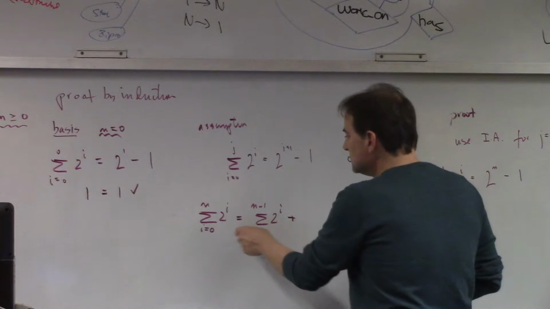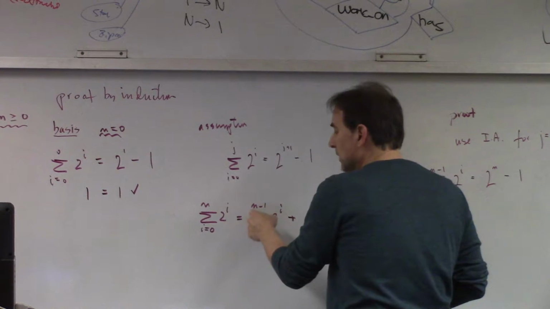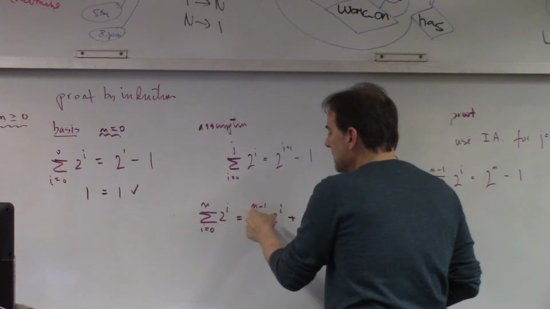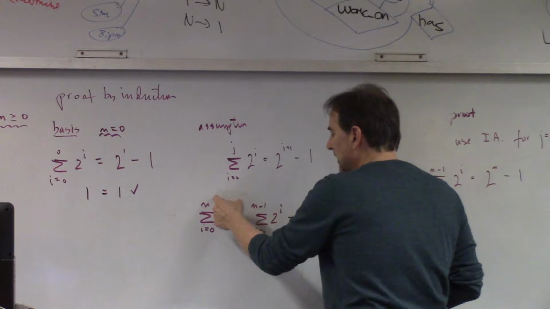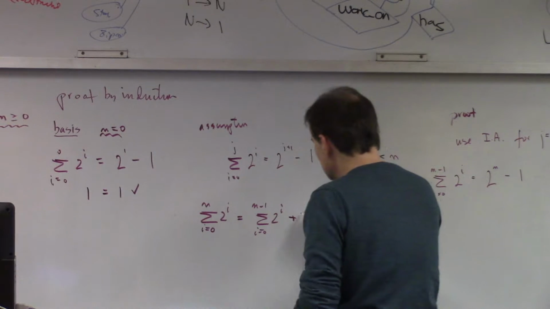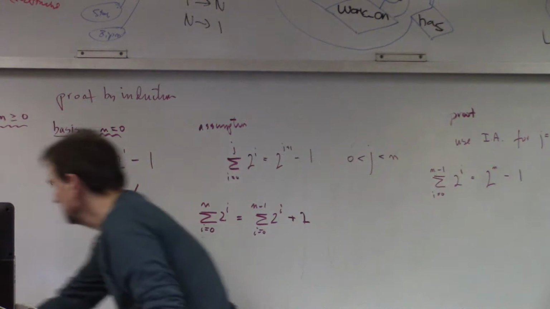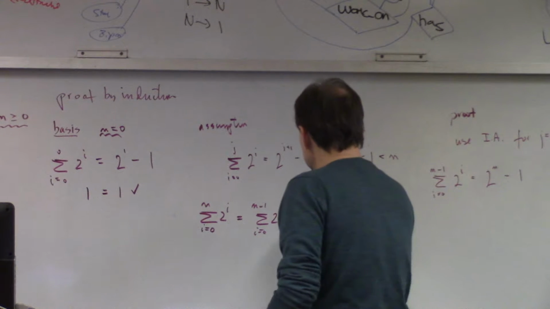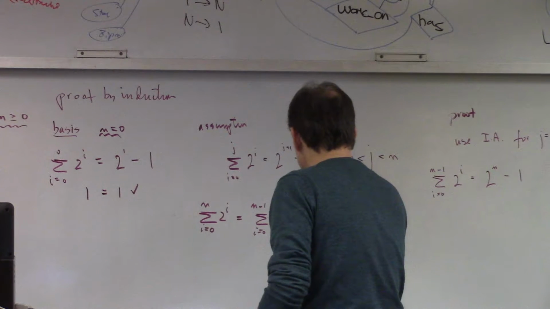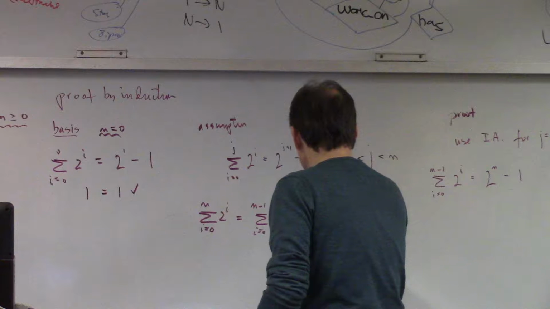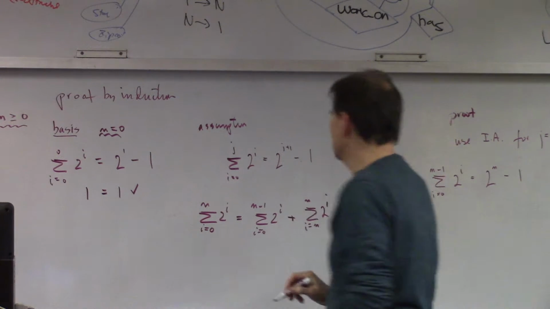Because really, this is the same thing as this, except this has one fewer term. The term I'm missing is the term when i is equal to n. When i is equal to n, the term is 2 to the n. Or if you want to write it in summation notation, you can say plus the summation as i goes from n to n of 2 to the i.